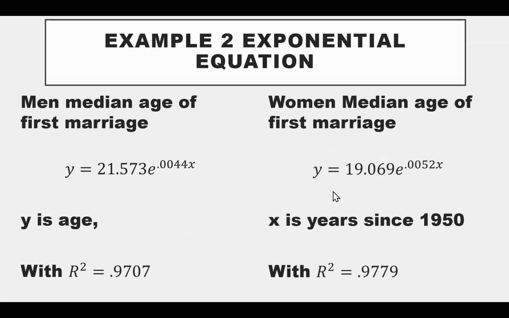The women's median age at the time of their first marriage is y equals 19.069 times e to the 0.0052x, with an r squared of 0.9779. And here y, again, is the age at the time of first marriage. Y is going to be the age. X is going to be the years since 1950.